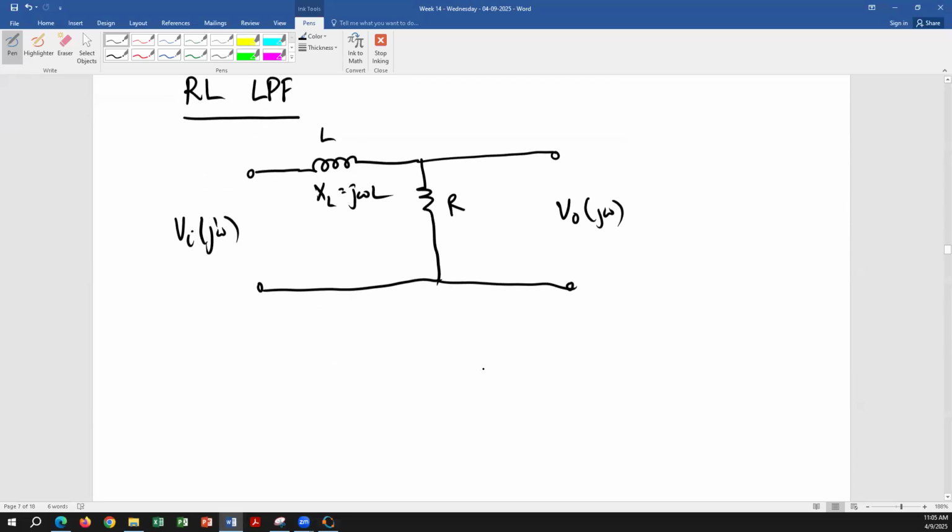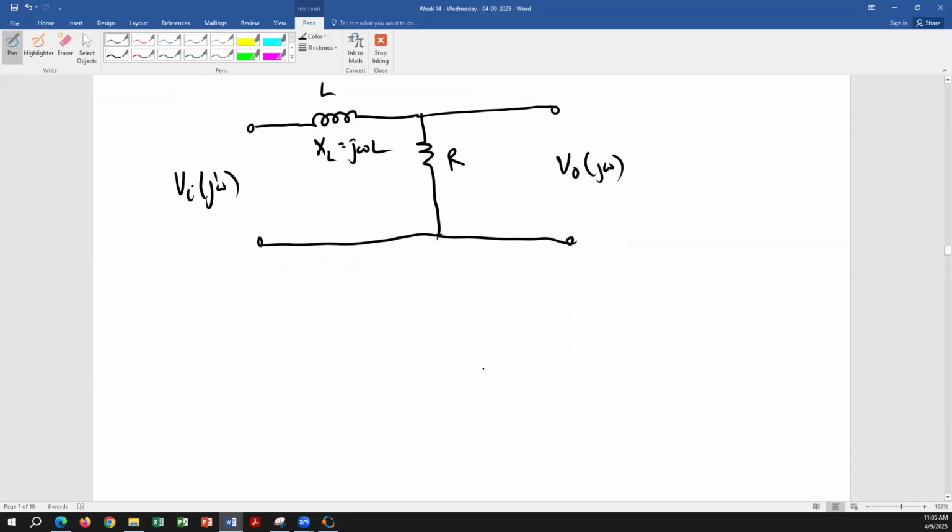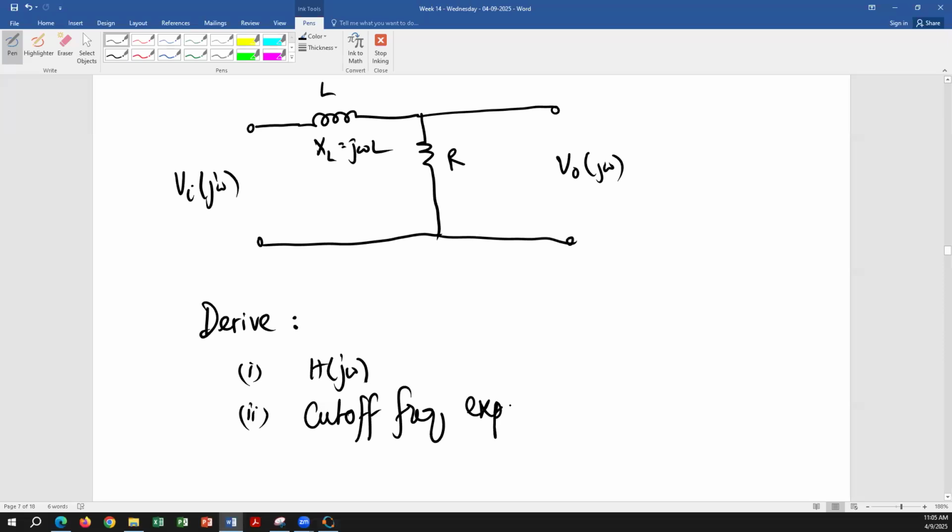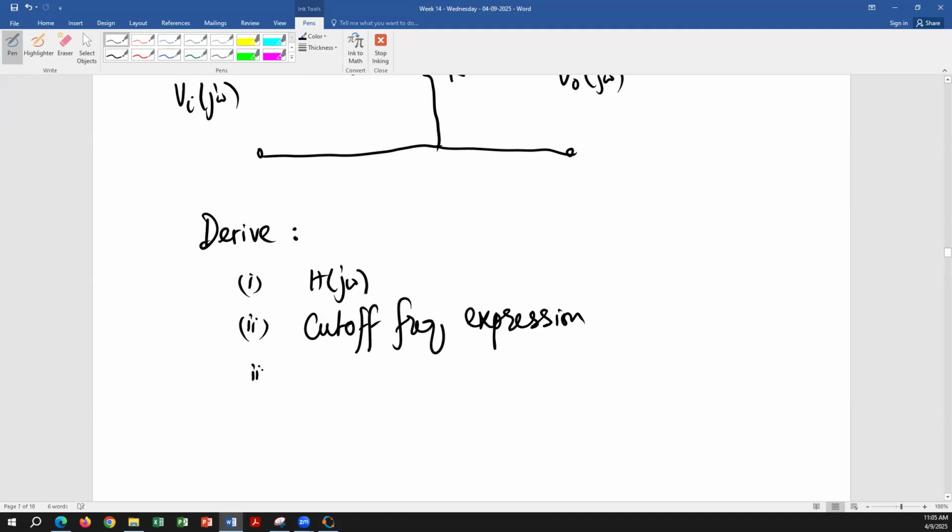Now what I want you to do is, I'm not going to solve it in the class, but I want you to do the derivation of the input-output transfer function H of j omega, determine the cutoff frequency expression, and let's say design for fc equal to 7 kilohertz.